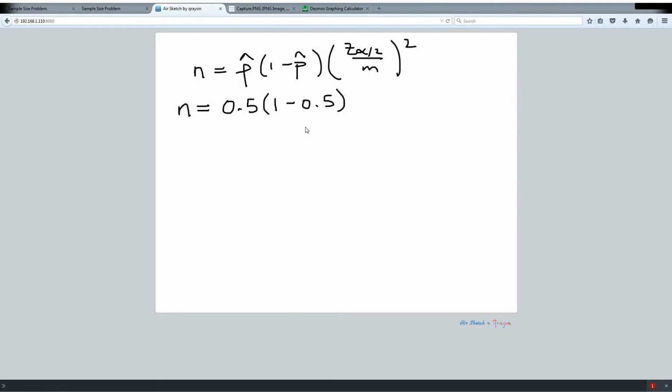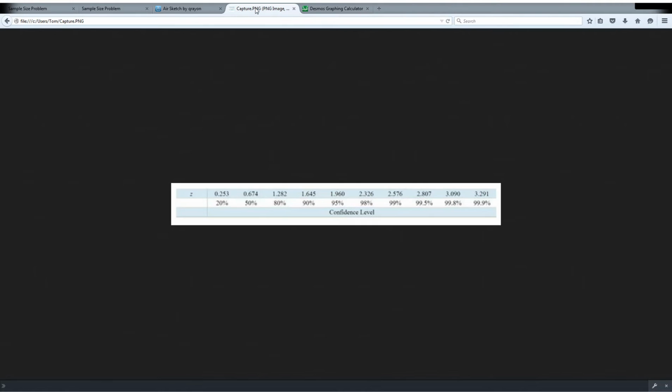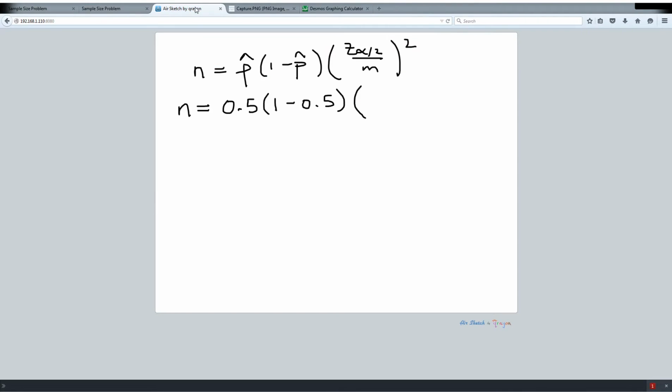Okay, so now next up we need to find the critical value, and to find the critical value you would refer to a table. You can also find it through a TI-84 calculator. So here we want a 95% confidence interval, so the critical value will be 1.96. So 1.96 goes in there.